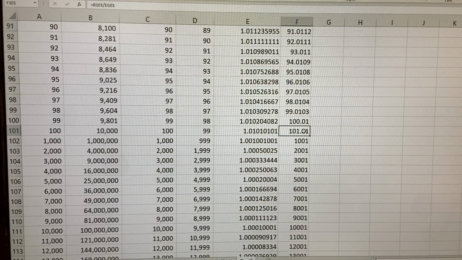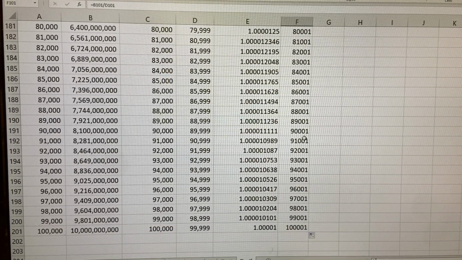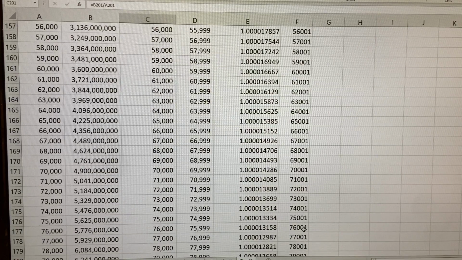So it's just a 1% difference, kind of tiny. And if we go down to 100,000, here we have 100,001 instead of exactly 100,000. So the differences are getting smaller and smaller.